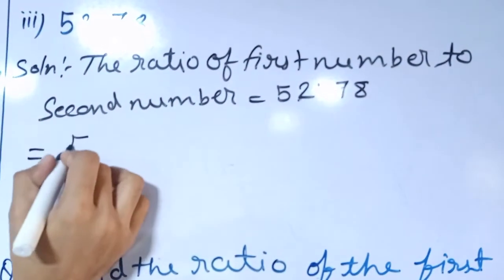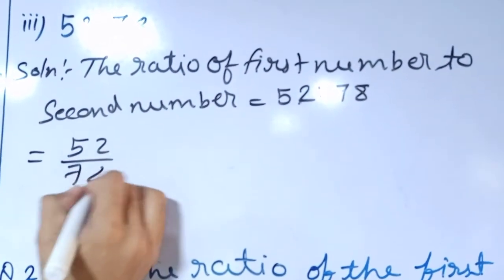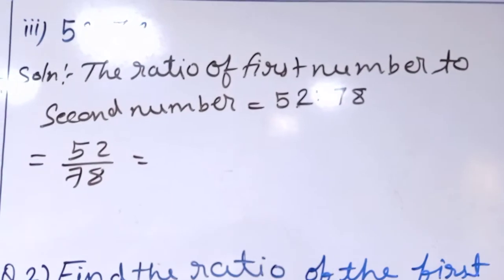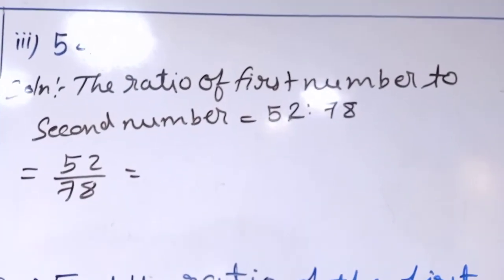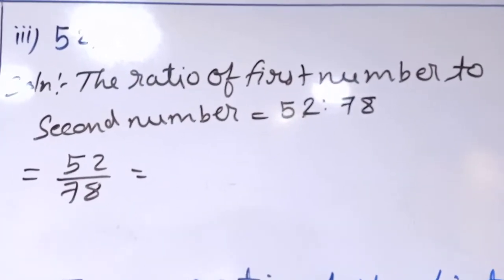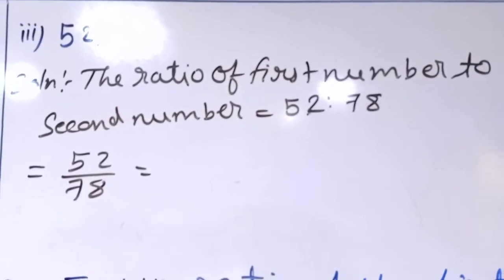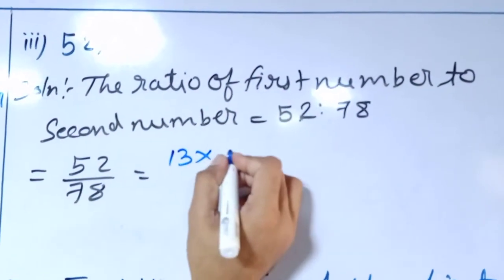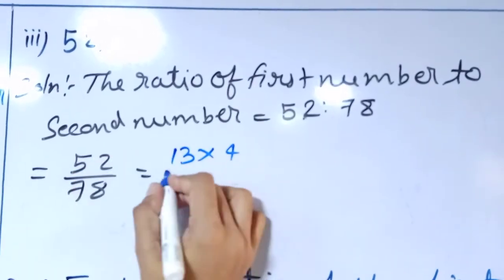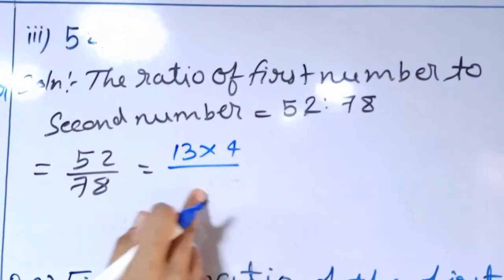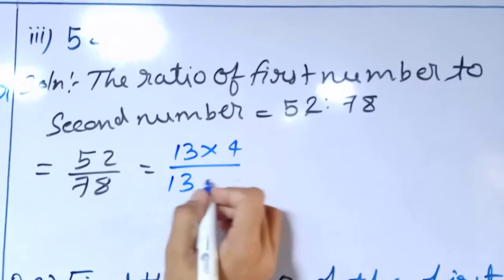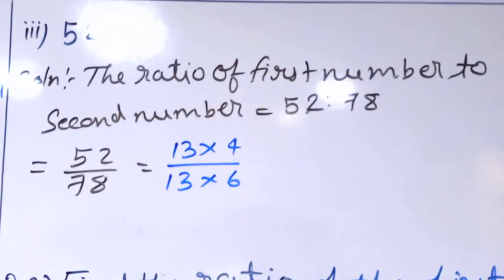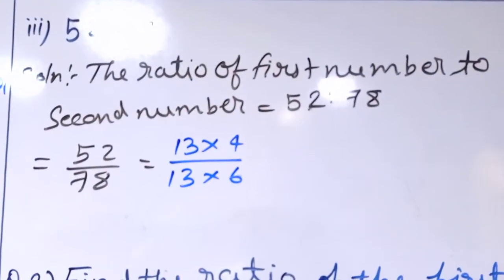Can we write it as 52 upon 78? Now think, 52 and 78 are multiples of which number? They are multiples of 13. Can we write 13 into 4? 13 4s are 52 and 13 6s are 78.